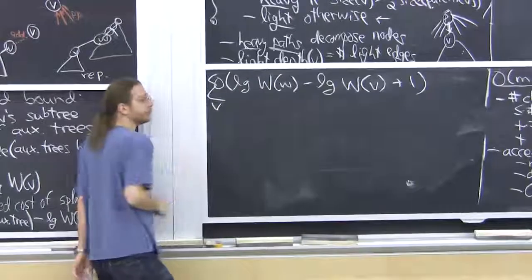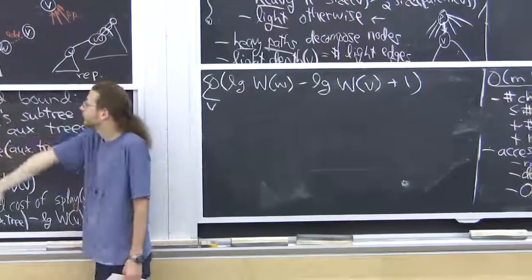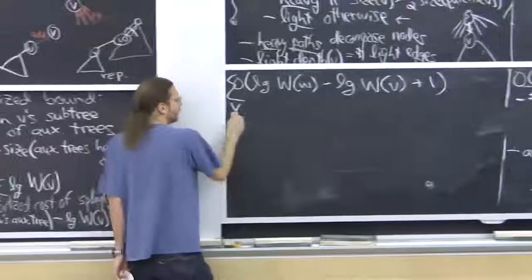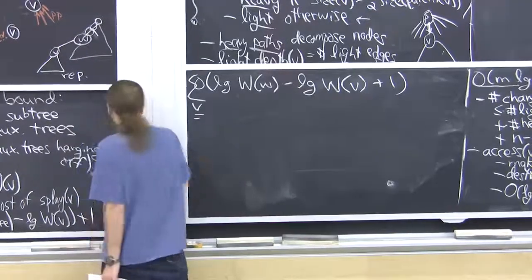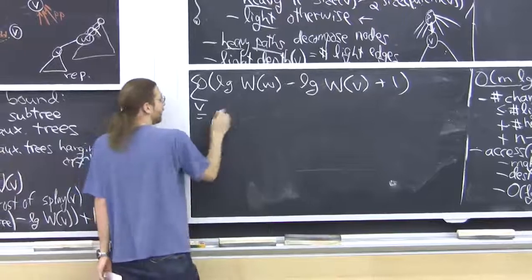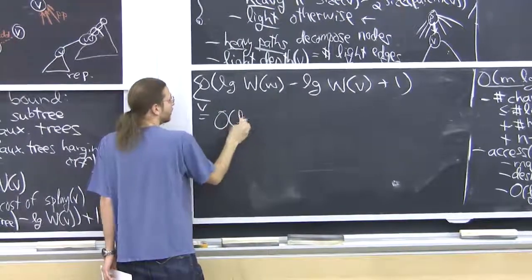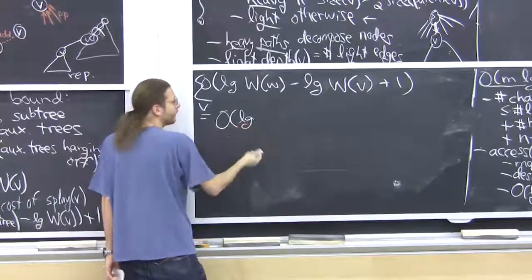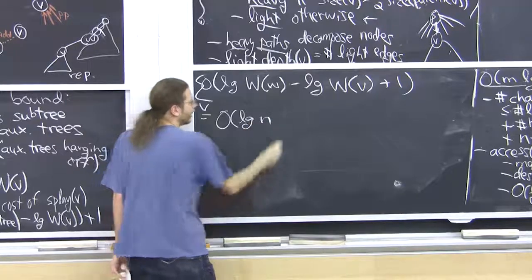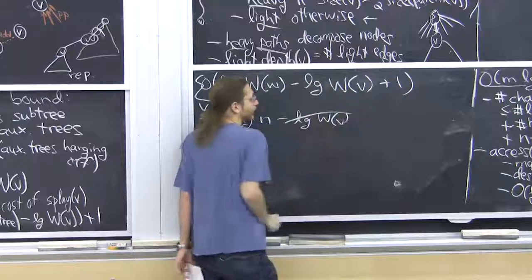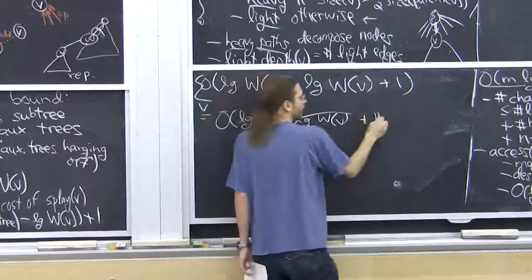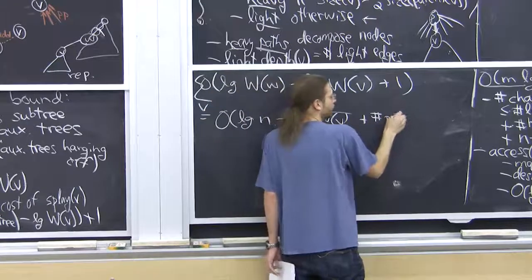The point is we sum this up over all the V's over all the preferred child changes. And what we get is a telescoping sum again. Same as in the splay analysis. So we end up with order log W of everything, which is n, minus, I guess, the log of W of the original V, but we don't really care about that, plus the number of preferred child changes.